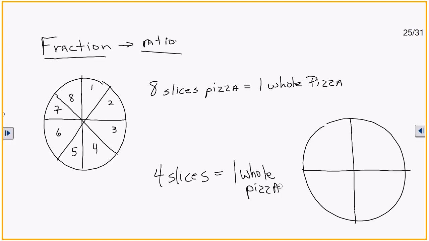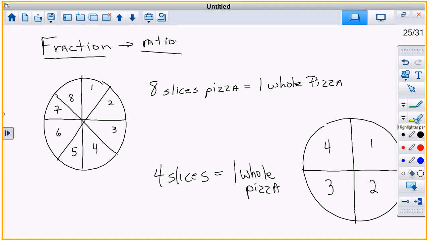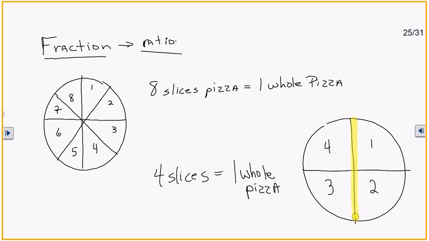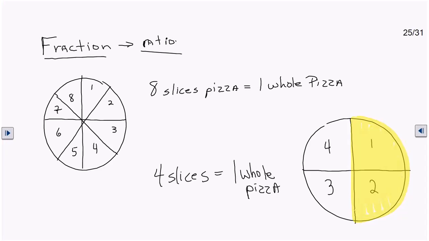Okay. So if I eat half a pizza over here, how many pieces am I going to eat? I'm going to take my highlighter and eat these 2 slices of pizza. I've eaten 2 out of 4 slices.